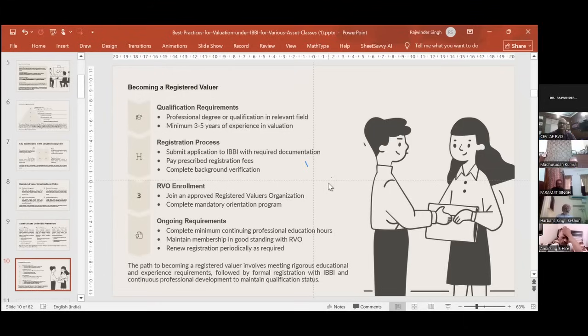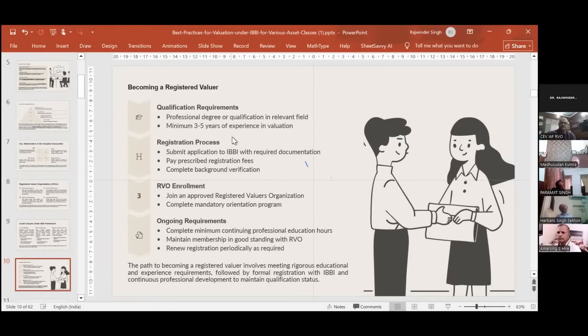And if you have to become a valuer in securities and finance class, then you must have CA, CS, or MBA with finance, and you must have relevant experience of 3 to 5 years depending upon your qualification.